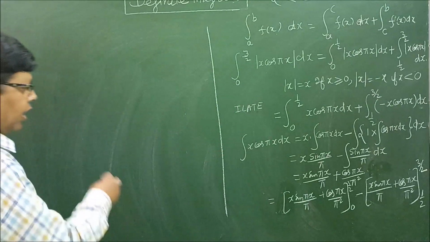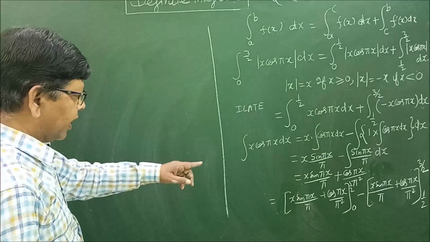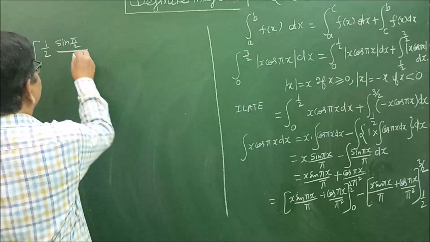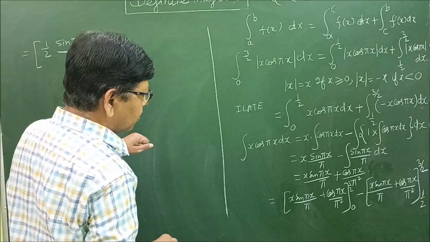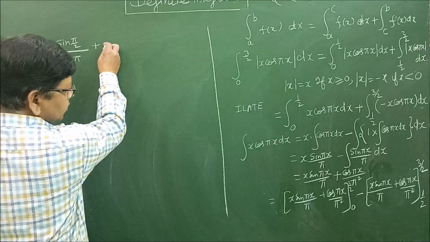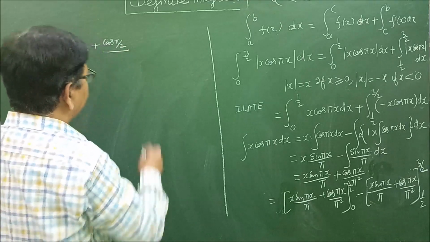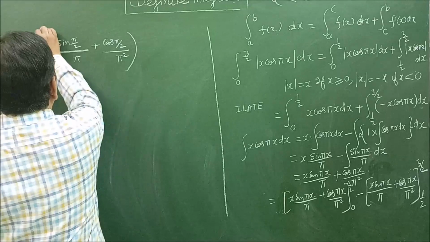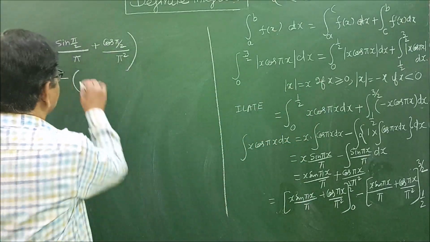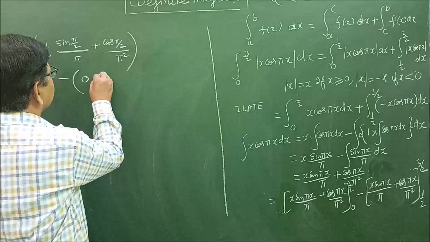Now putting the limits here, putting x is equal to 1 by 2, so we get here 1 by 2 sin pi by 2 upon pi plus cos pi by 2 upon pi square, minus putting x is equal to 0 here, 0 into this is 0, and cos 0 is 1 upon pi square.